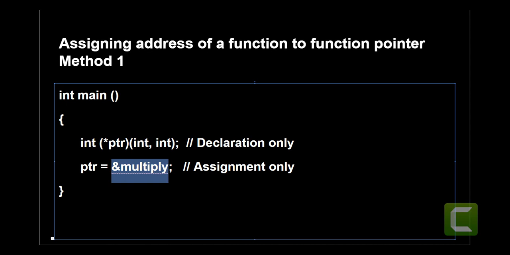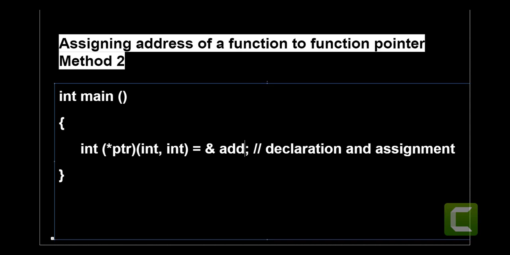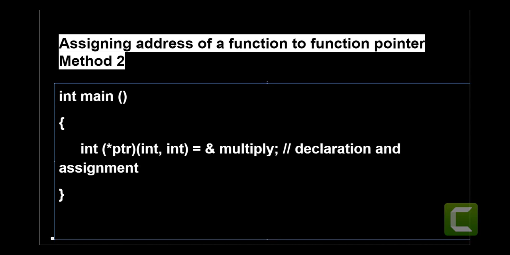So now we can move to another way, and a simpler way I think, of doing it, where you can declare and assign all at the same time. This should be multiply.